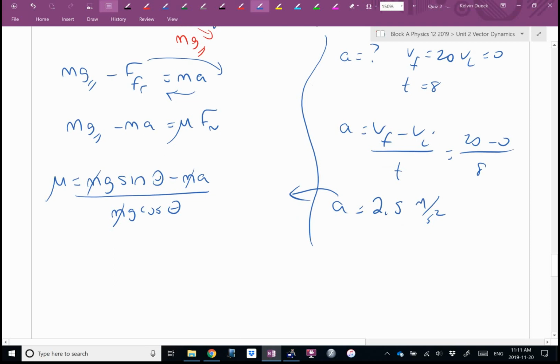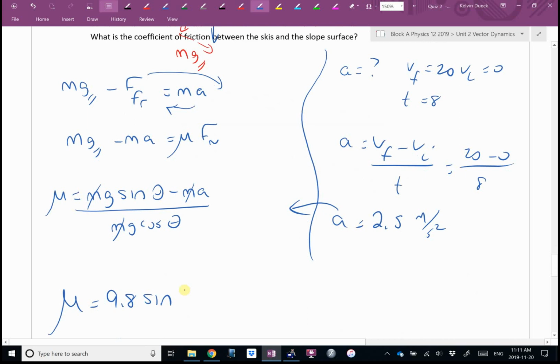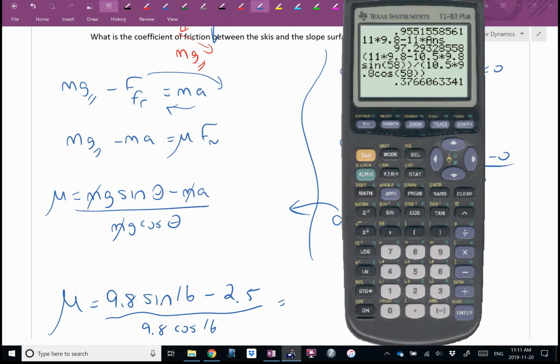And now I walk over here and I'll get mu equals 9.8 sine 16, minus 2.5, all over 9.8 cos 16. Oh, I have to close off my trig function.